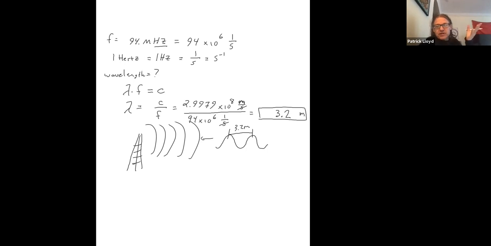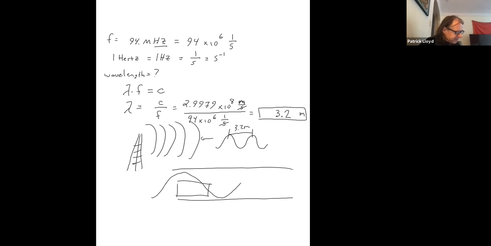And this actually can create issues for tunnels. If you don't build transmitters or repeaters in the tunnels, and you're driving a car through a tunnel, 3 meters is about 9 feet. So that's about the size of the wave, right? Well, let me draw it this way.